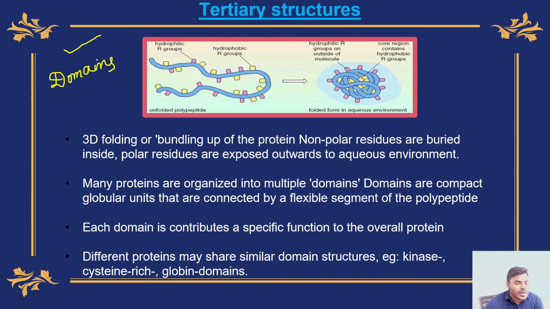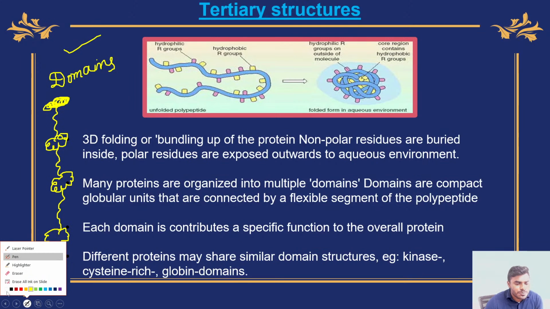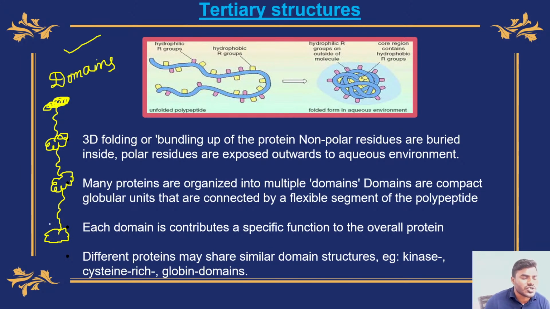This is one domain, and it is connected with an alpha helix or a beta pleated structure. Another domain, once again connected with an alpha helix or beta pleated. Another domain, once again connected with alpha helix or beta pleated. It has another domain. Now what is the special point every student has to remember? The point you have to remember is that domains are individually also functional.